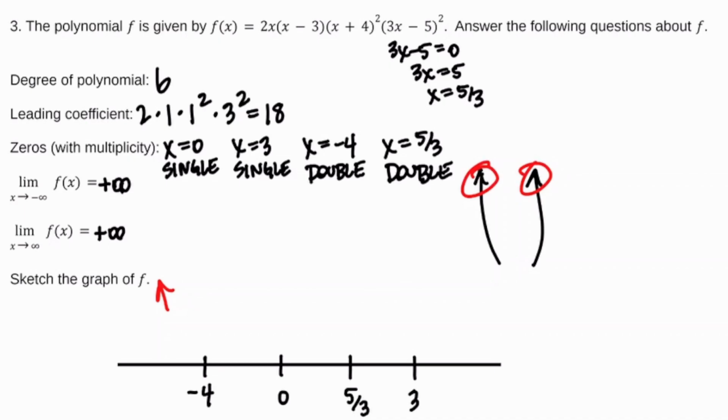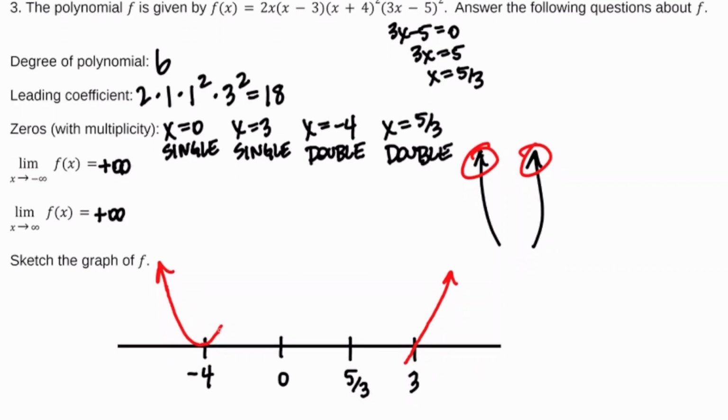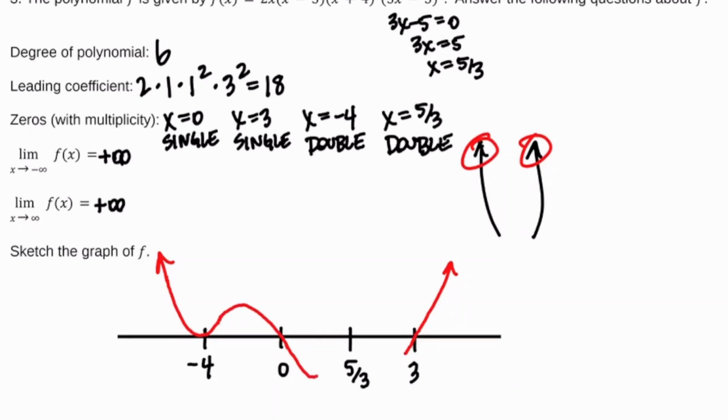X equals negative 4 is a double root. X equals 3 is a single root, so pass through that one confidently. Bounce over here. X equals 0 is a single root. X equals 5/3 is a double root, so it's going to fit just right.